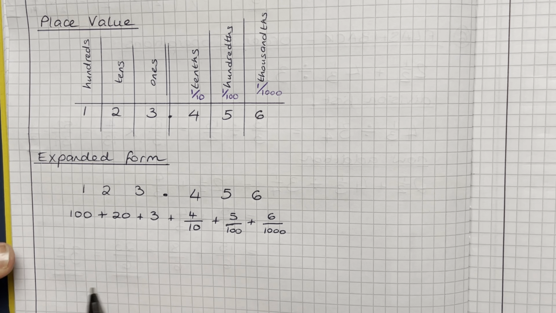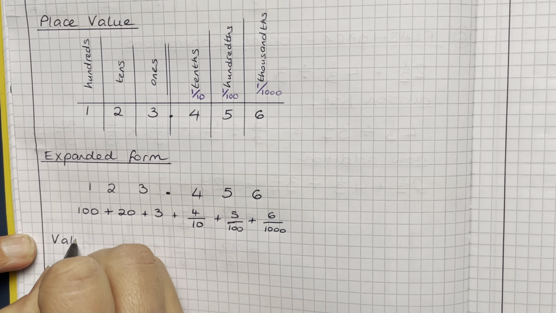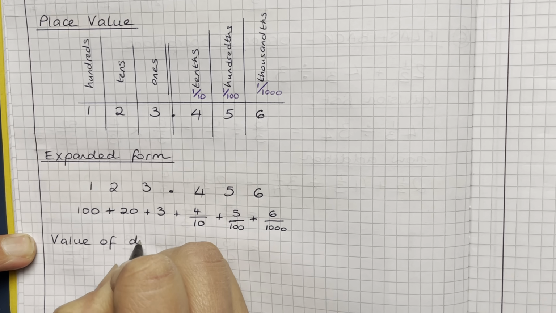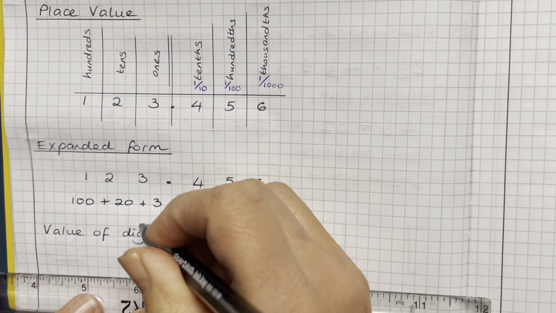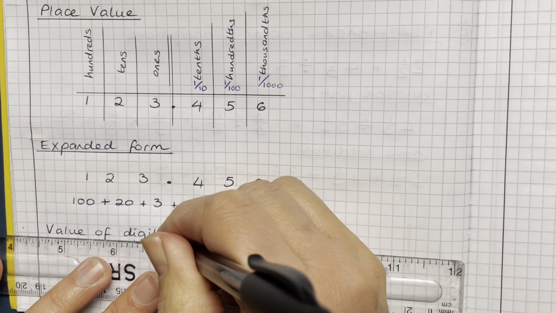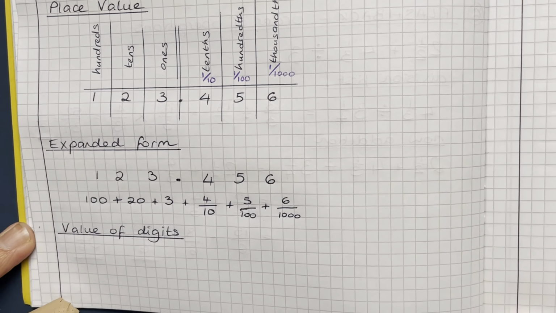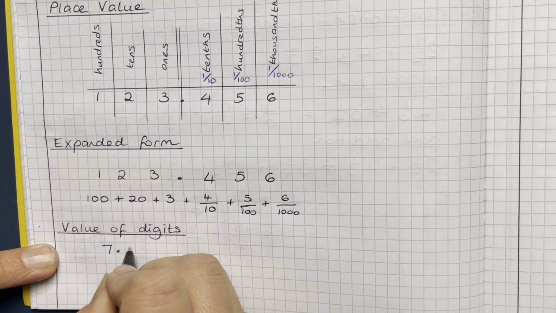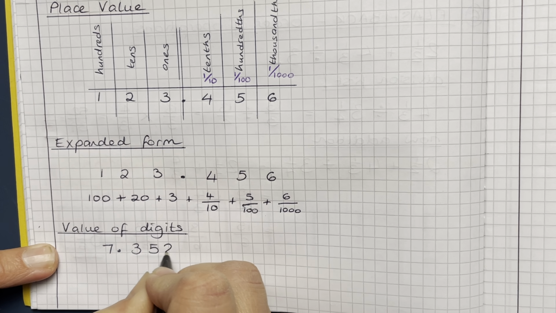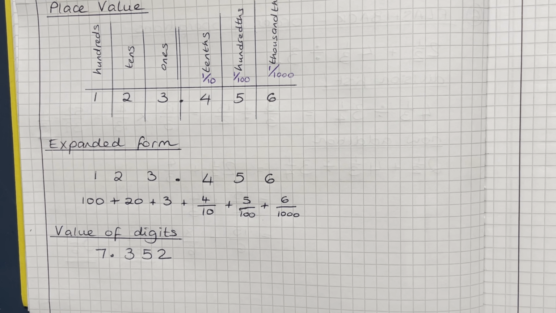And then just looking at the value of the digits. Right, let's use a different number now, just mix it up a little bit, make sure you can still see what we're doing. Okay, so let's just use the number 7.352, doesn't matter, make up any number that we want.